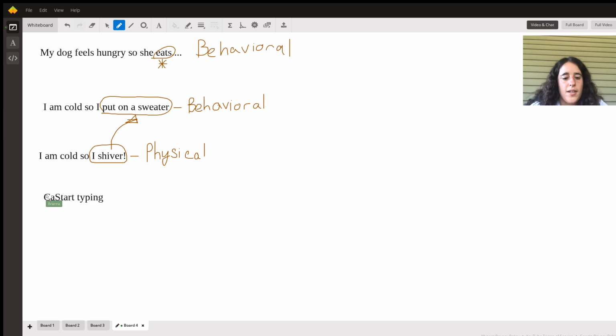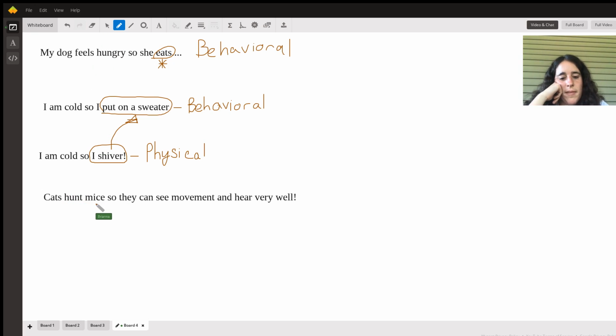What about this one? Cats and mice. So they can see movement and hear very well.